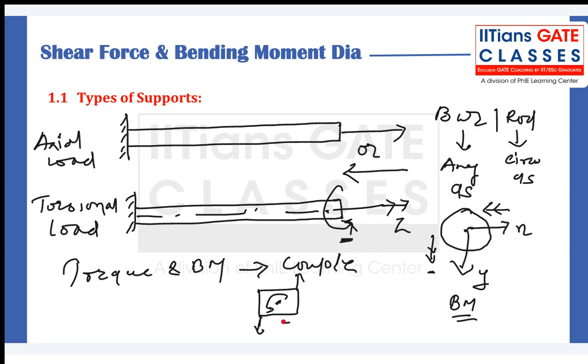Now on this beam, let me draw here. You can apply a point moment about the x axis, right? Now usually we apply a point moment at the free end, right? So now this point moment is applied about which axis?